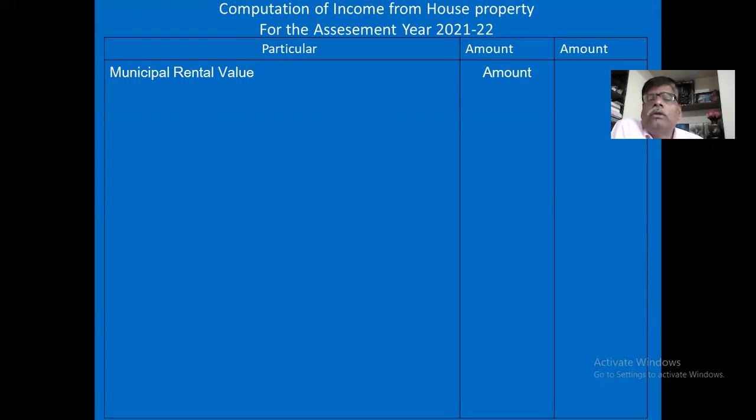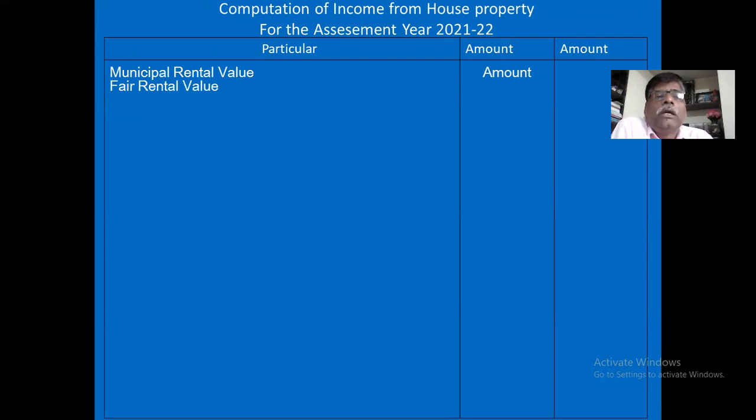So that value is called municipal rental value. This is the value of 1 year.